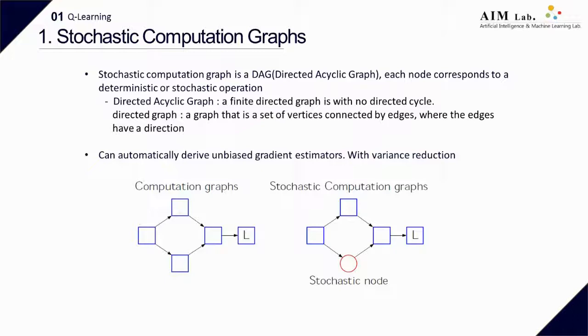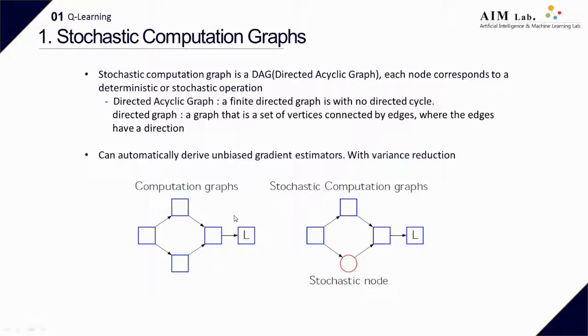What we are going to do here is show how to automatically derive unbiased gradients. When we have any loss function described in this graph, the graph will give you an unbiased gradient estimator according to the loss.